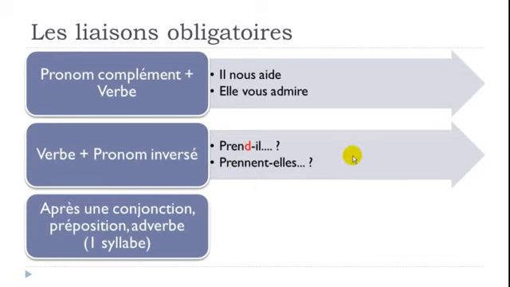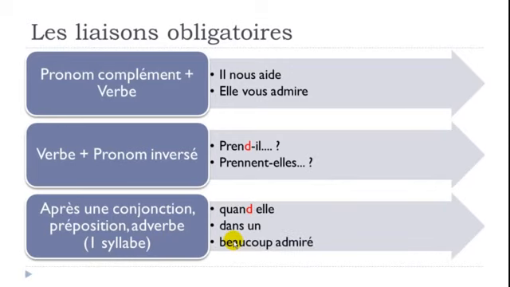And so if you want to construct a structure in which you will have une conjonction, these little words that will link words or sentences, or if it's une préposition, many videos regarding that topic as well, or adverb, but then they should be only one syllable long. So like that, quand elle. Same rule here.